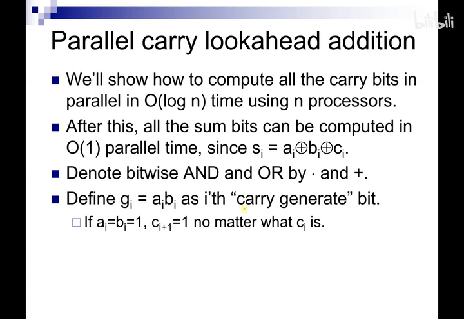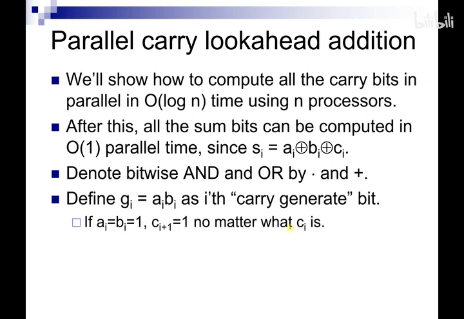The reason it's called the carry generate bit is that if ai and bi are both 1, then on the next digit there's going to be a carry c sub i plus 1, no matter what the current carry is. For example, if the current carry is 0, because ai and bi are both equal to 1, they're going to generate a carry on the next bit.